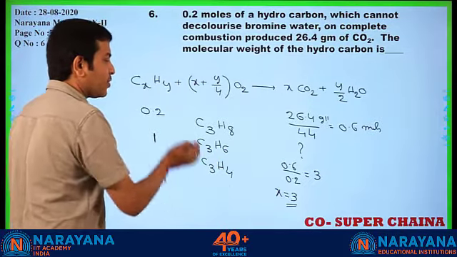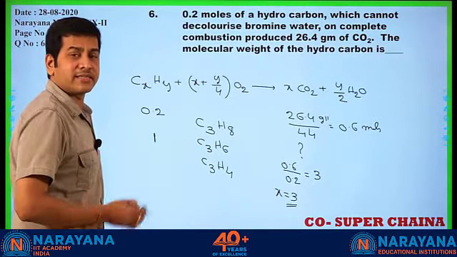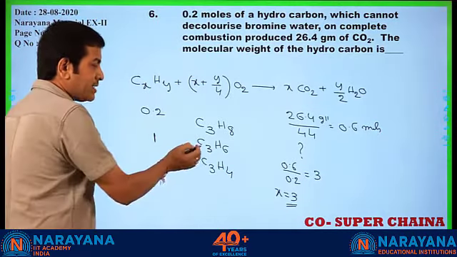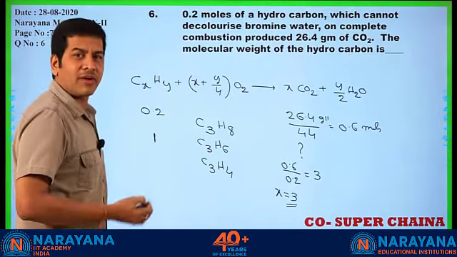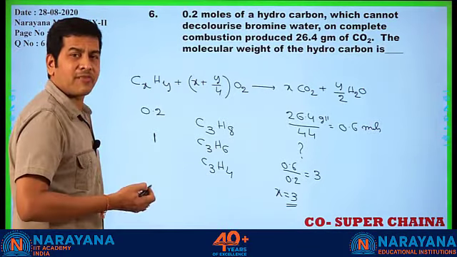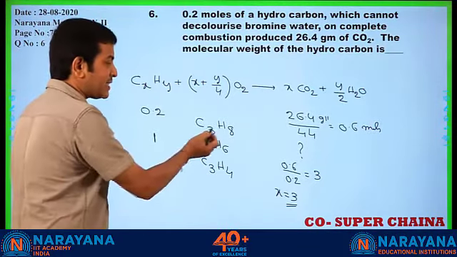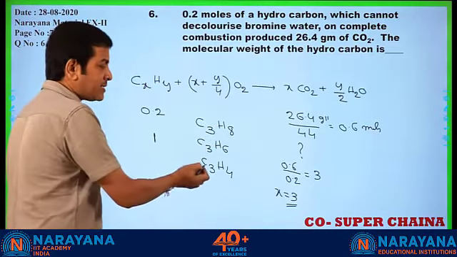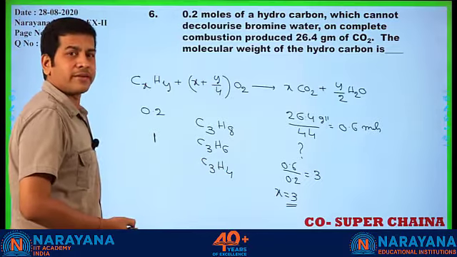C3H4, alkyne. CnH2n plus 2 is the general formula of alkanes, CnH2n is the general formula of alkenes, CnH2n minus 2 is the general formula of alkynes. That's why here C3H8 propane, C3H6 propene, C3H4 propyne.